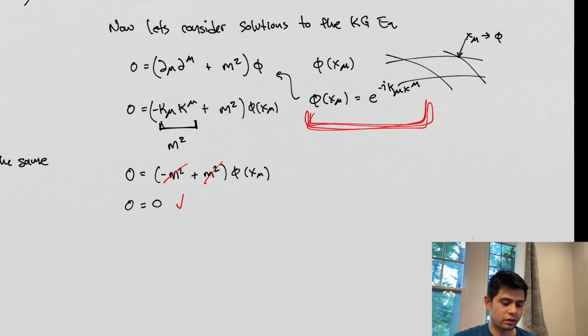Again, these two four vectors are related to the angular and the spatial momentum of the particle at that point x mu, right? So we can write this out.